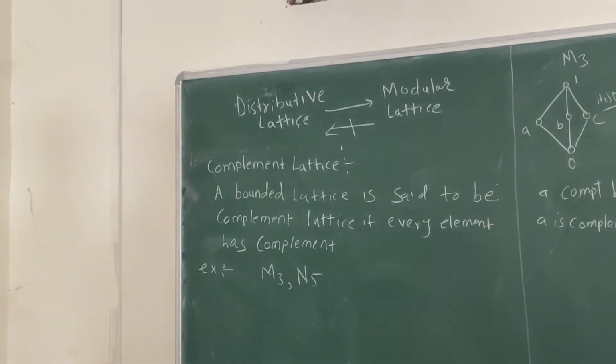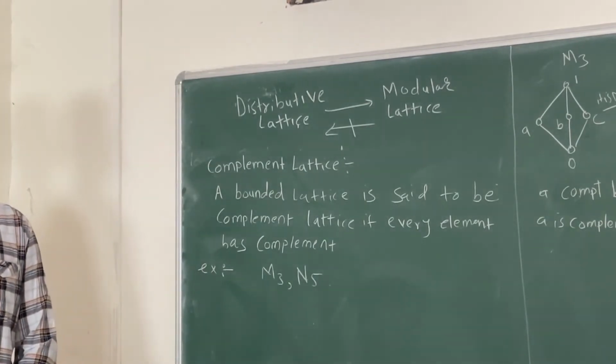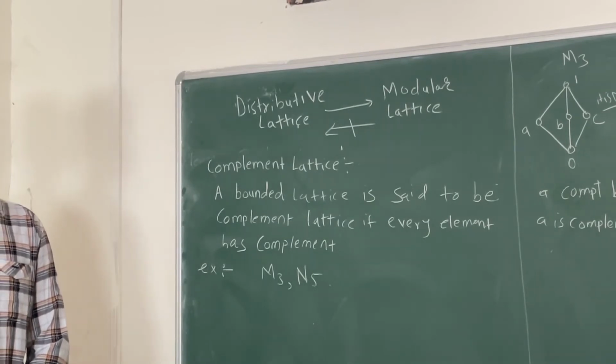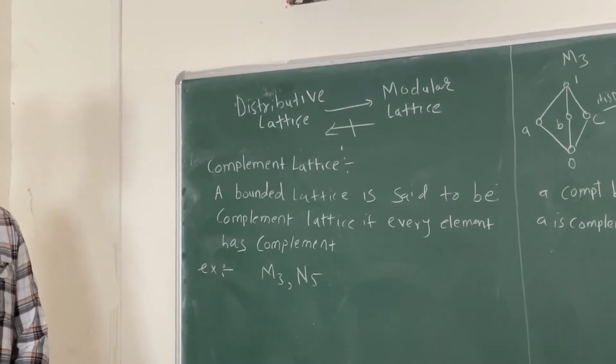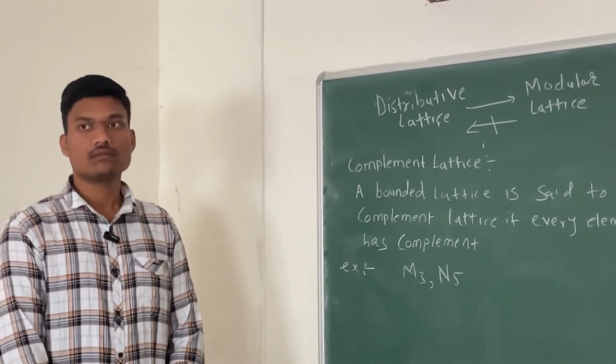No, but that you can do it, but what you require is whether that element has a complement or not. In that definition, every existing element present must have a complement.